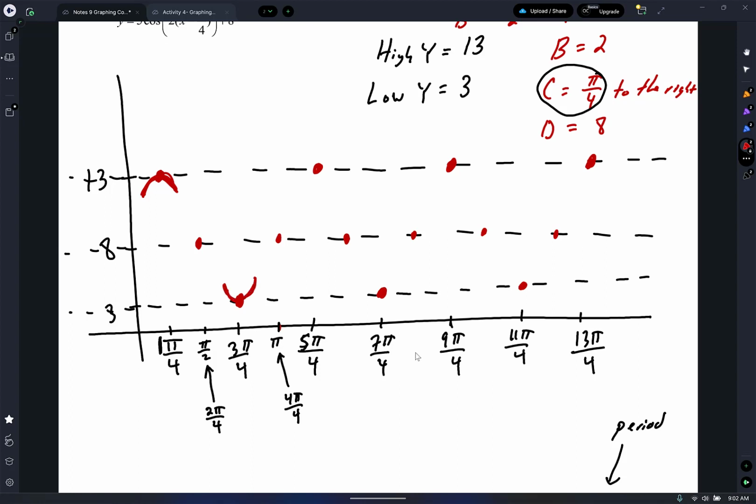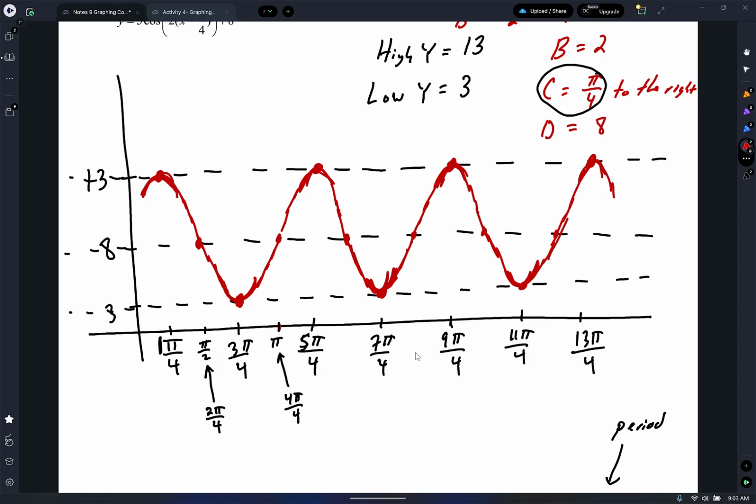Aim it towards your points of inflection. And look at that beautiful graph.